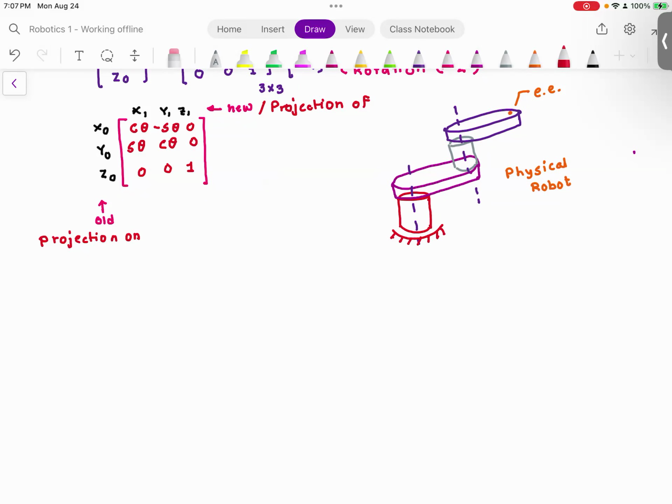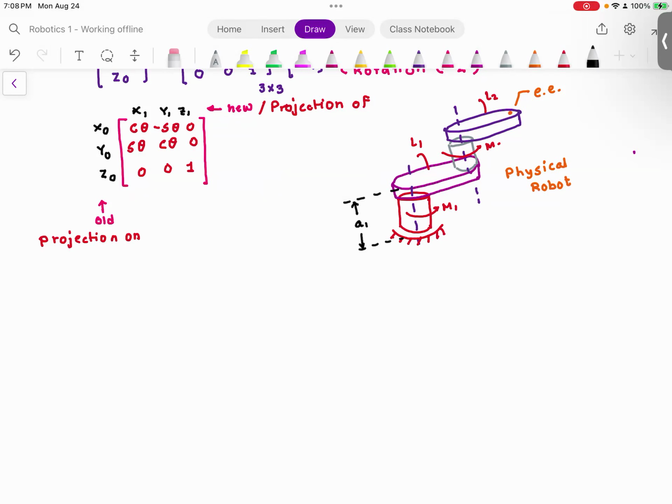Everyone understood how this robot is? This robot has one motor here, and one motor here. And you have link number 1, L1 here, and L2 over here. So there are 2 links. And what I'm going to do is give you the dimensions of the robot.